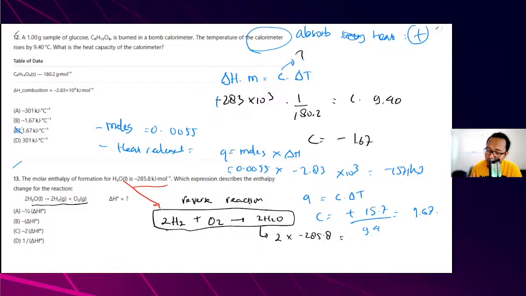Since the question is asking about this equation, we simply need to put in the sign of minus, so minus and then 2HF. So the answer will be C.